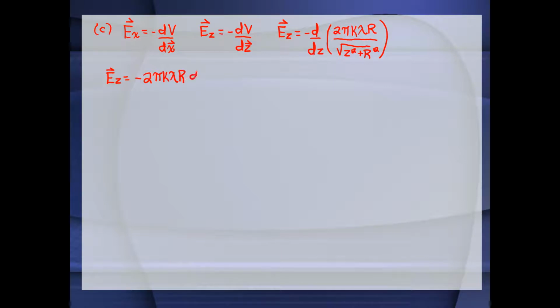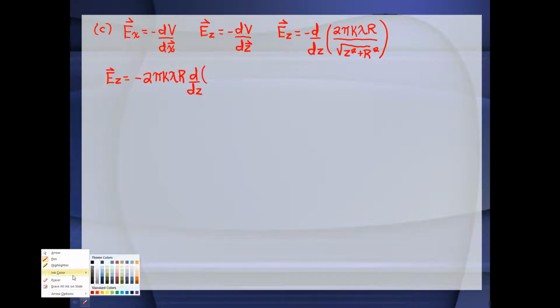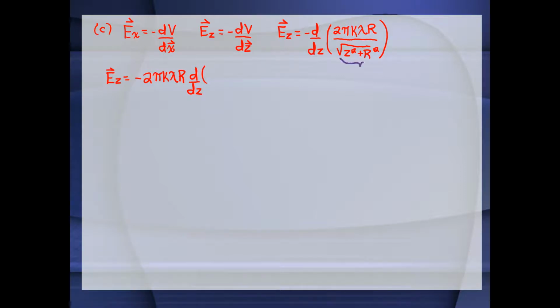And then I want the derivative with respect to z of, now I'm going to rewrite this out a little bit. So the denominator you could write down, instead of writing down as a square root, you could write it down to whatever power it's to. So here, this would be z squared plus r squared to the power of 1/2.